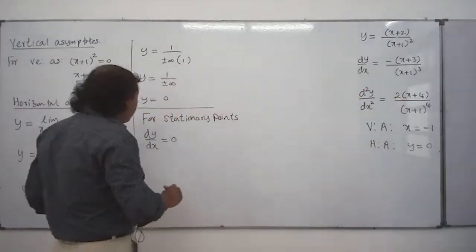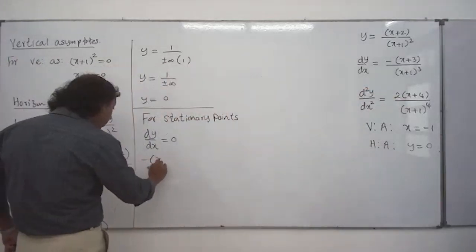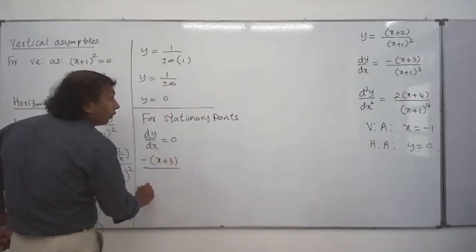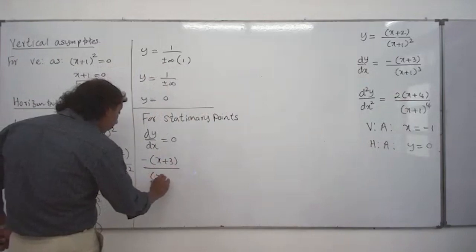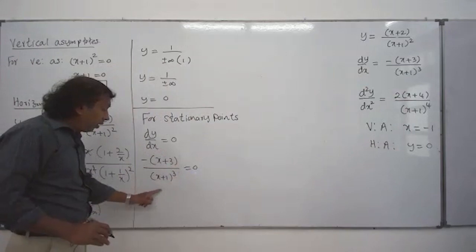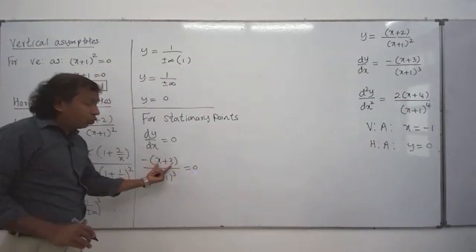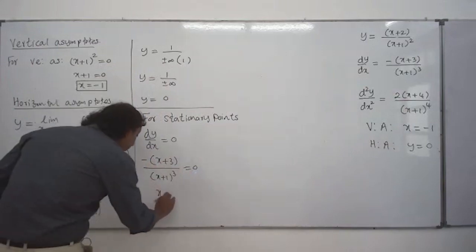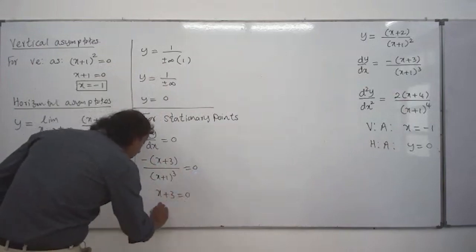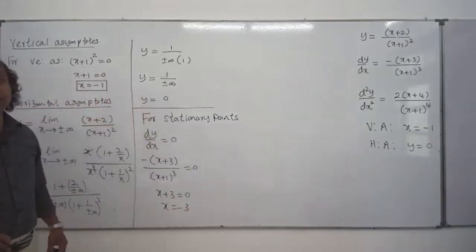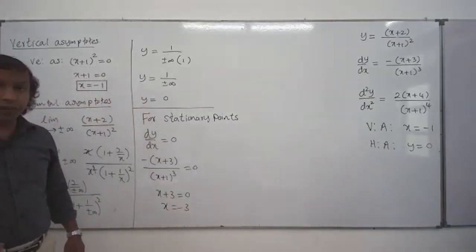Once we equate that to 0, we get minus (x plus 3) divided by (x plus 1) cubed equals 0. For the fraction to be 0, definitely the numerator must be 0. x plus 3 should be equal to 0, x is minus 3. That means the x coordinate of the stationary point is minus 3.